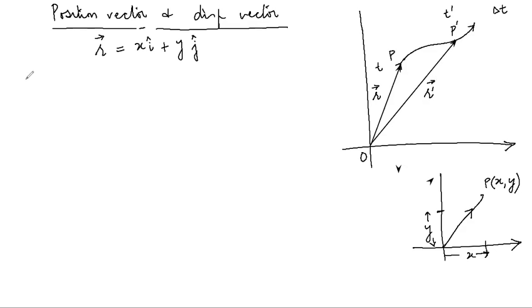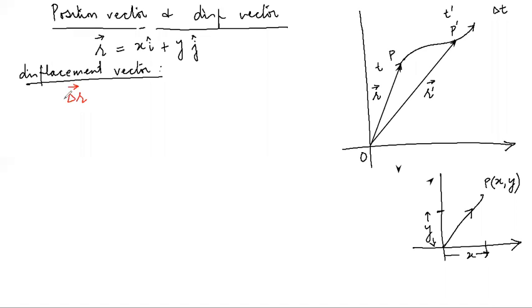Now I want to talk about what the displacement vector is. In very clear terms, the displacement vector is the vector which indicates the displacement from initial position to final position. And as I talked about notation used in vector analysis, we can write the displacement vector as delta R. It's a vector.